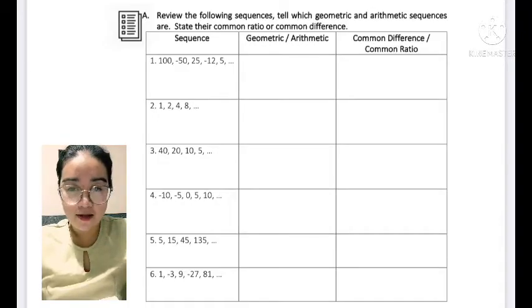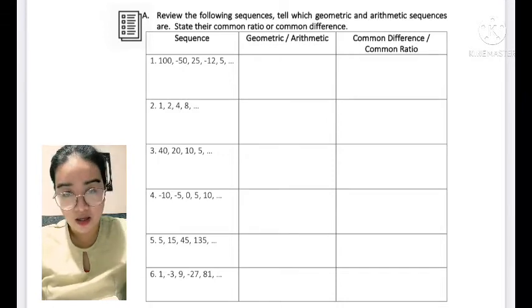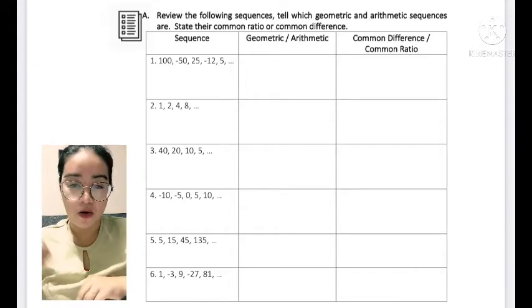So, we're done in the discussion part. So, it's your time to do your activity in lesson number 4. So, in letter A, ang gagawin mo lang dyan, isusulat mo lang kung arithmetic siya or geometric sequence. Ngayon, kung arithmetic siya, lalagay mo yung kanyang common difference. Kung geometric siya, lalagay mo ang kanyang common ratio. Okay?